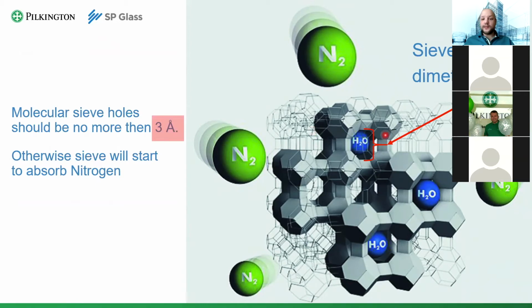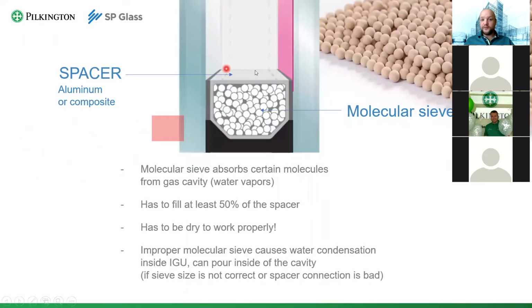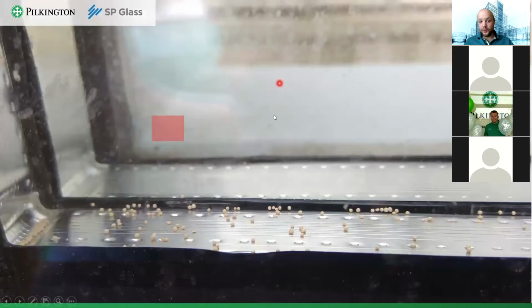Other molecules cannot push themselves through the hole, so they happily live outside. And that gives this molecular sieve an ability to selectively absorb water vapors from inside the IG unit through these small holes in the spacer.